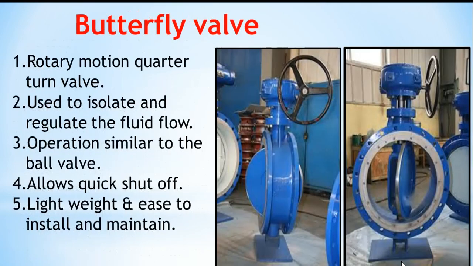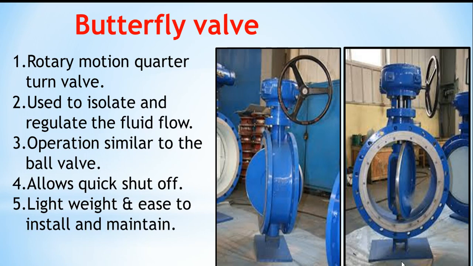Next, we'll go for a butterfly valve. A butterfly valve also has a quarter turn rotary motion, and you will see them in cooling water pipelines, or where you have to deliver high pressure steam services. What happens over here is that this valve is also used for our purpose of isolation, and it has a similar operation principle like ball valve.